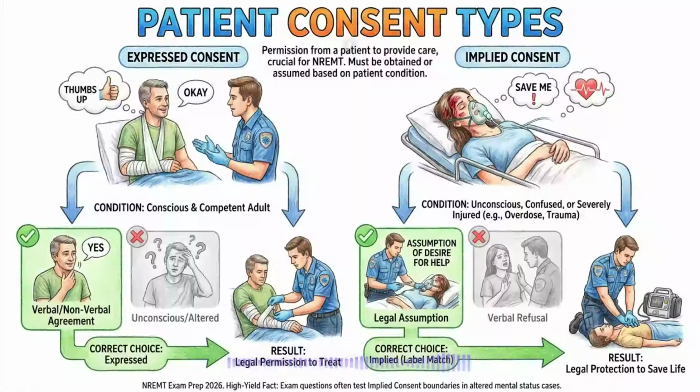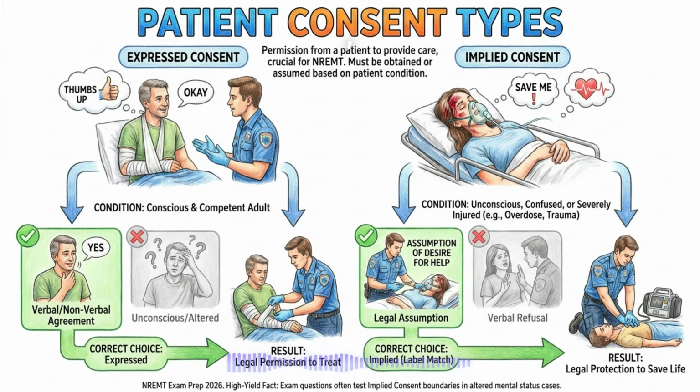Understanding medical and legal concepts is vital, starting with the principle of consent, which is the permission a patient gives you to provide care. Expressed consent occurs when a conscious, mentally competent adult verbally or non-verbally agrees to your treatment.